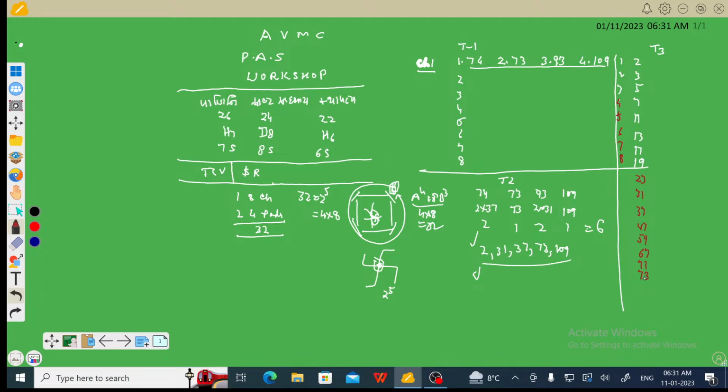So 9th, 10th, 11th, 12th, 13th, 14th, 15th, 16th, 17th, 18th, and 19th. These will be the primes.